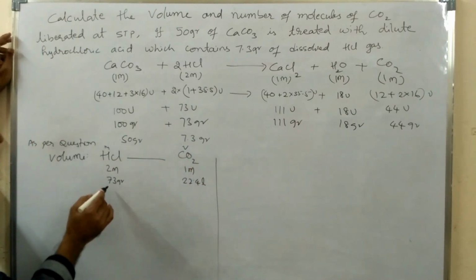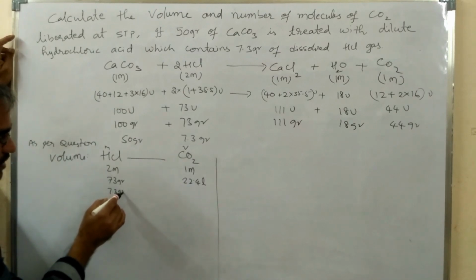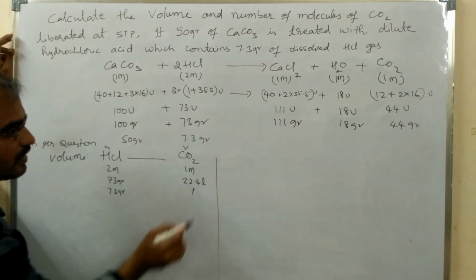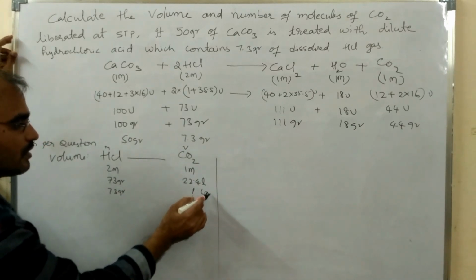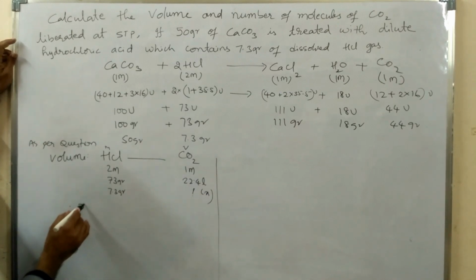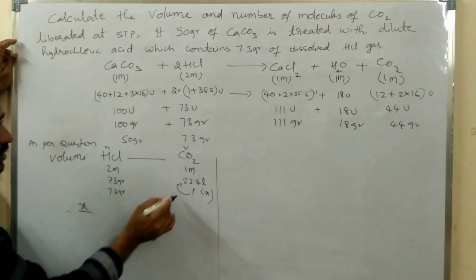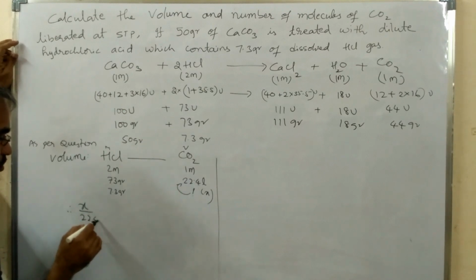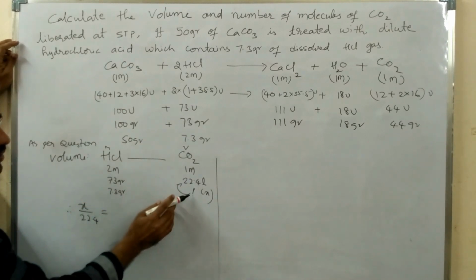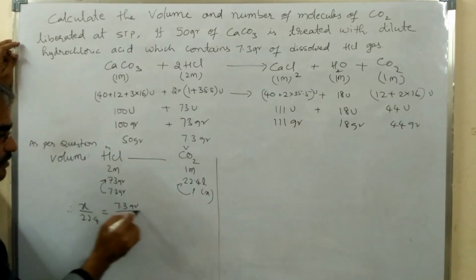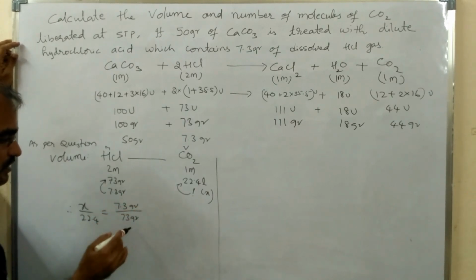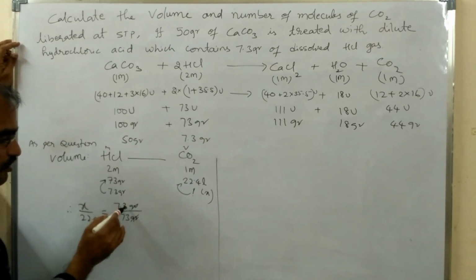Now, as per the question, 7.3 grams of HCl is taken. What will be the volume of the CO2 gas liberated? Let this be X. By direct proportion, X by 22.4 liters is equal to 7.3 grams by 73 grams. 7.3 into 10 is 73.